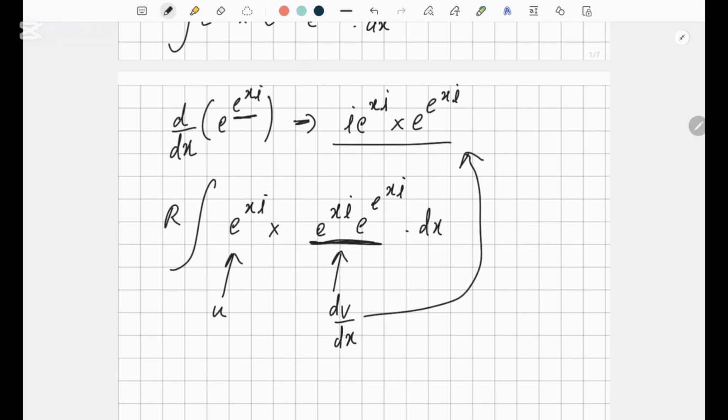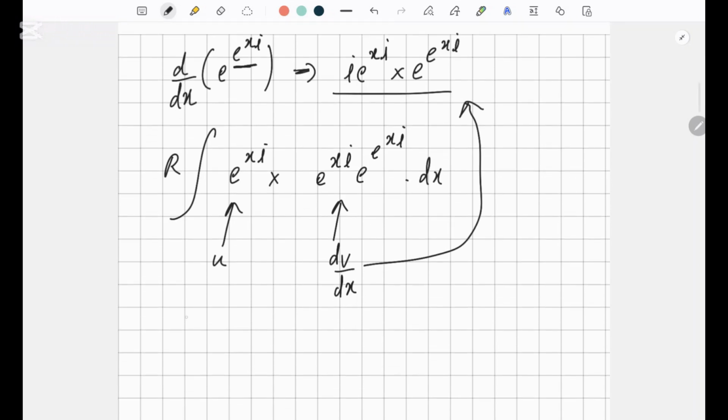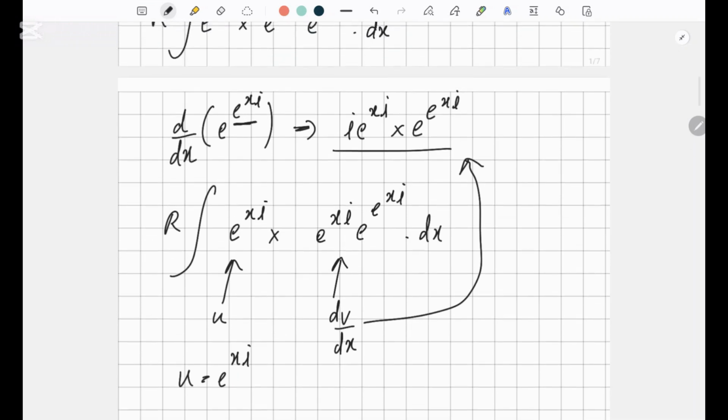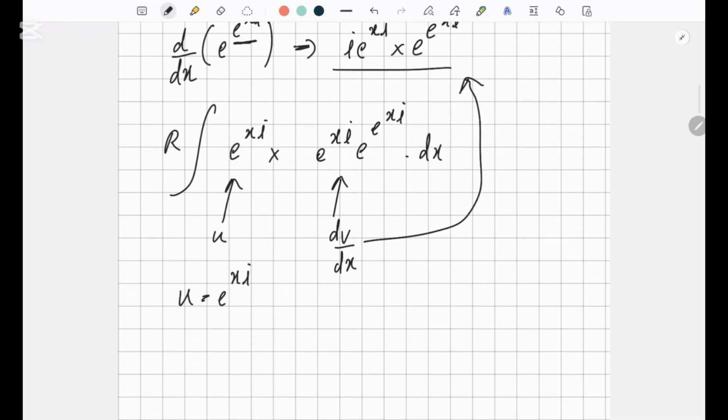That's why I'm taking it as dv over dx, because now we have this right there. So we have nothing to worry about. So u equals e to the power xi, and dv over dx equals e to the power xi into e to the power xi.